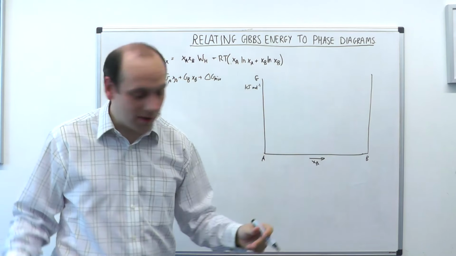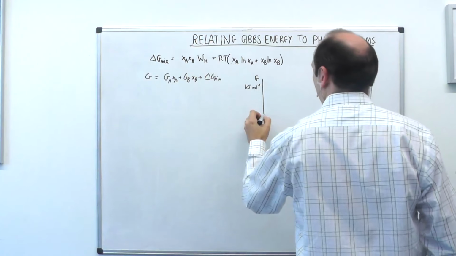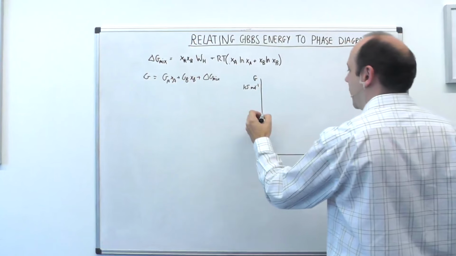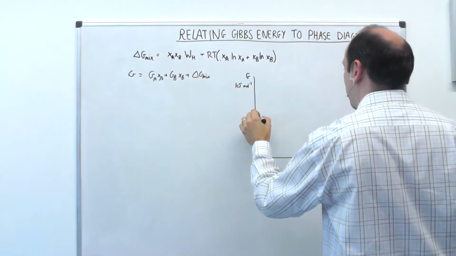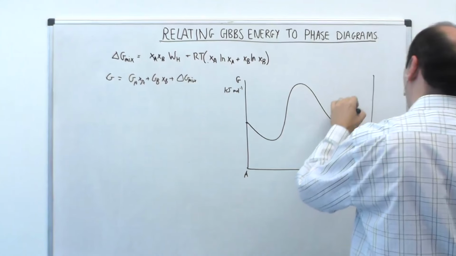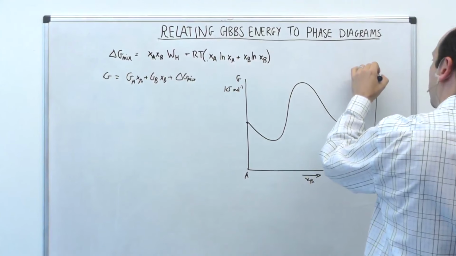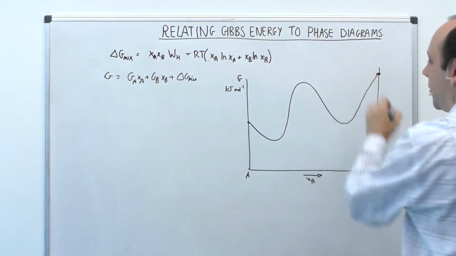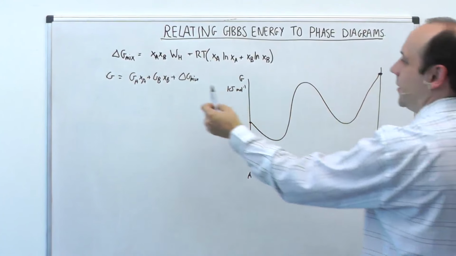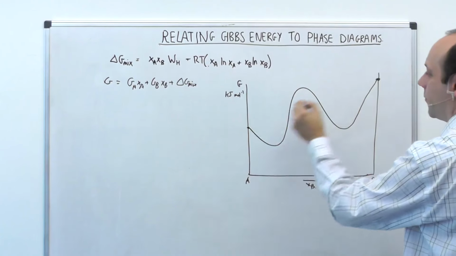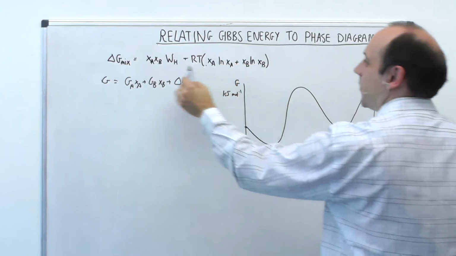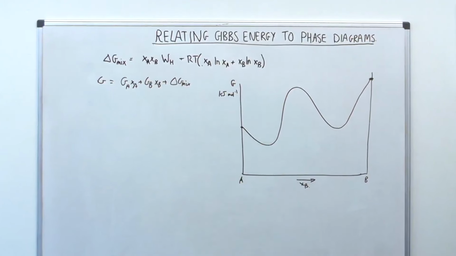And what that will look like is a curve that goes from GA over here for pure A, and then it'll look like this delta G mix superposed onto it, so it'll do something like that, say. And this would be the Gibbs energy of pure B. And you've got in between a variation superposed on a straight line, if you had a straight line going across there, that variation which is coming from this delta G mix.